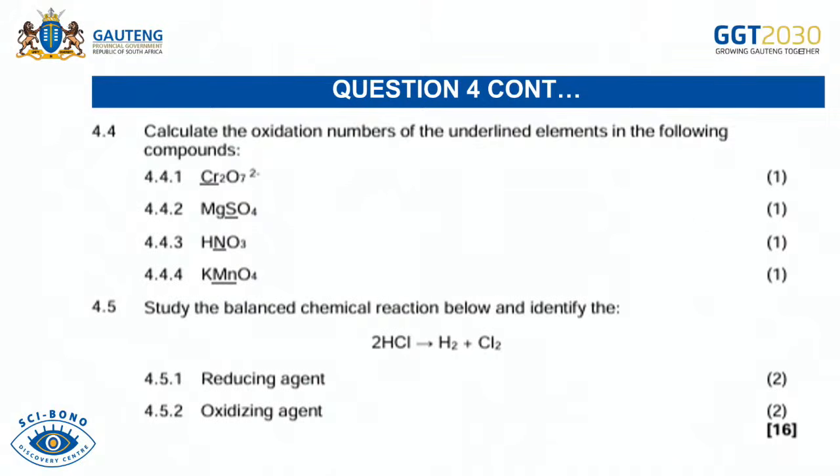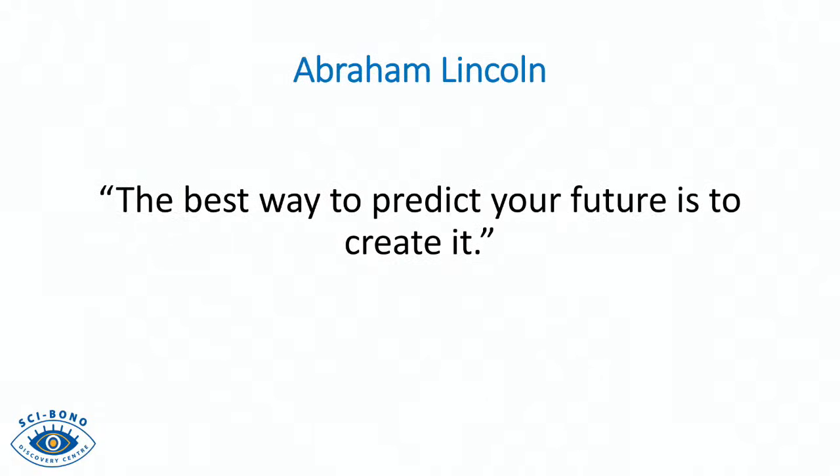For us to conquer that, please assign the oxidation numbers in that chemical equation, element by element. Then I want to end today's lesson with Abraham Lincoln. He said that the best way to predict your future is to create it. Let's not only predict, but let's create it. And we start now in creating how our future will go and look like.